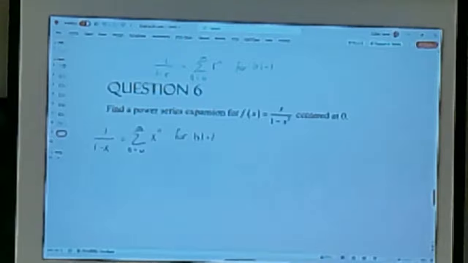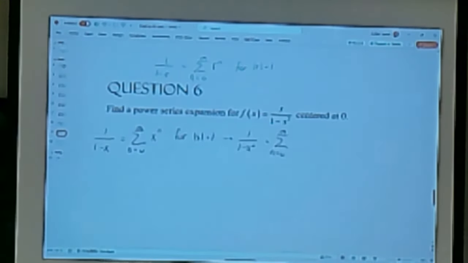Well, how could we get 1 over 1 minus x squared then? If r is x squared, we get the sum of x to the 2n.